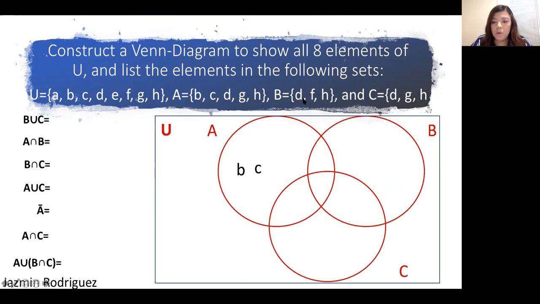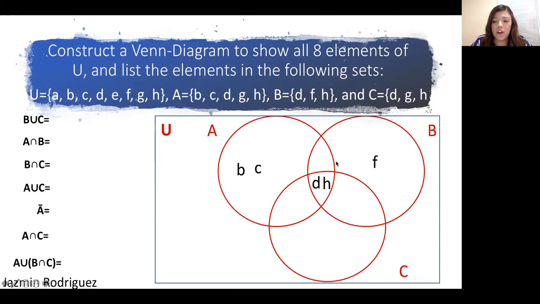And then for B, we'll do the same thing and determine which one of these elements is only found in B and nowhere else. In this case, we see that it's F. And then if we look at C, we see that we don't have anything, because the next thing is that we have D, which is found in A, B, and C. So that one is shared amongst all 3 of our sets.